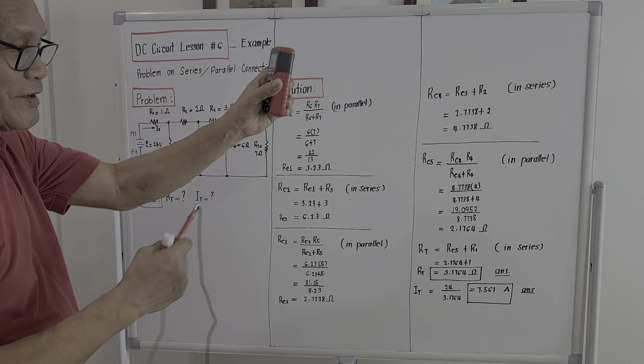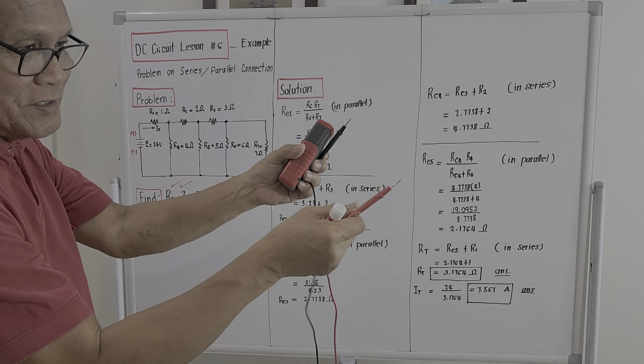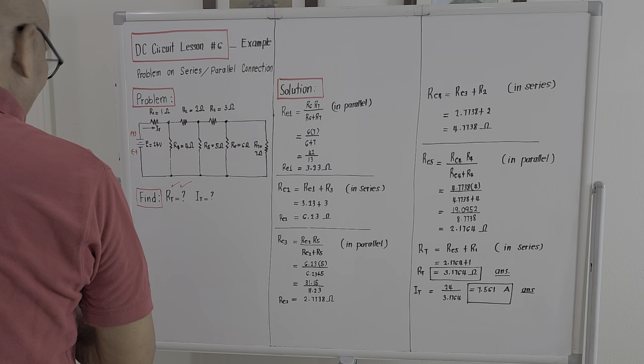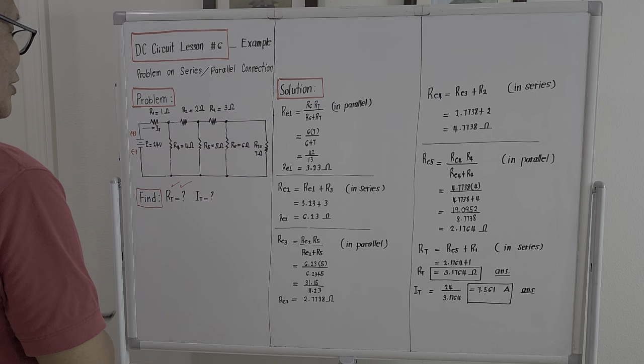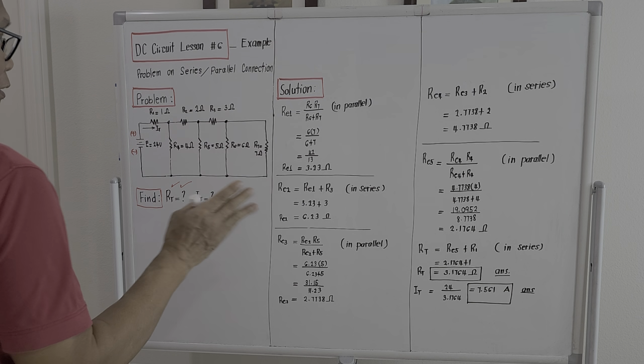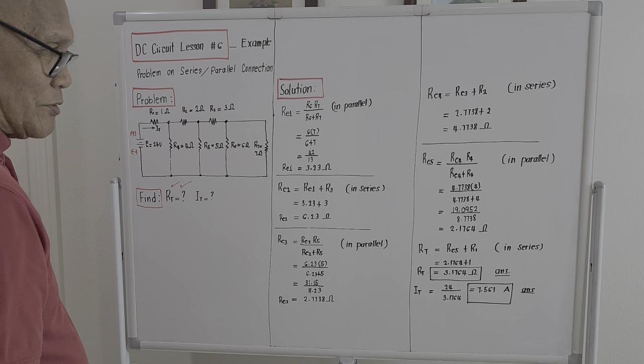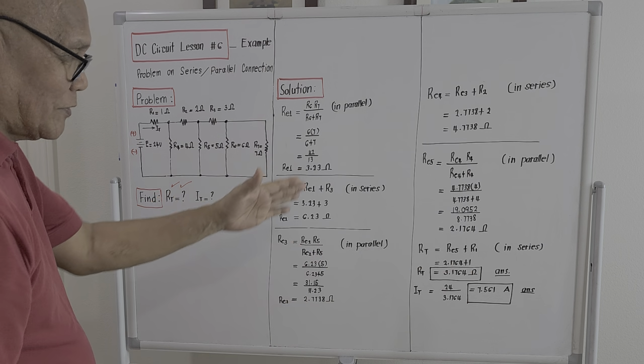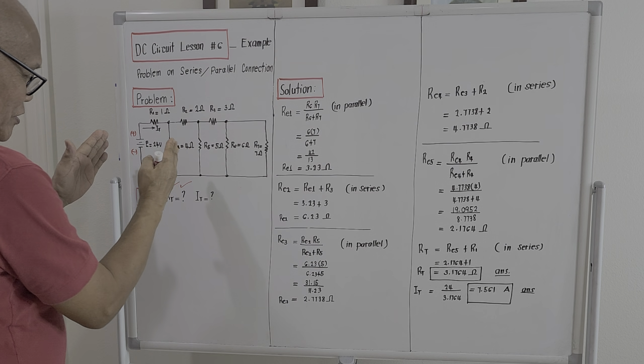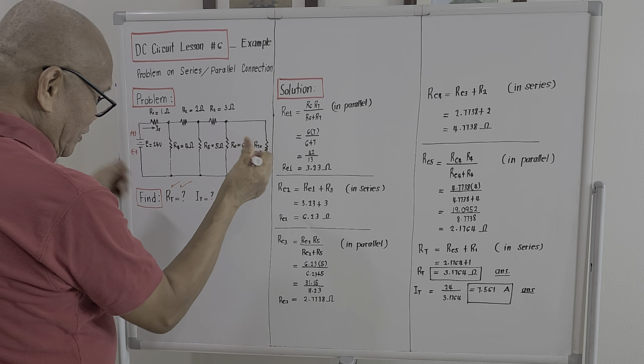This is my multitester. I just brought out the test leads. So to do that, we will be using our knowledge of the series concept and parallel concept. The solution will be something like this. We will be starting at the far end on this portion here.